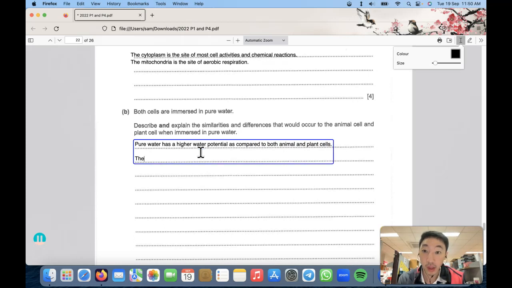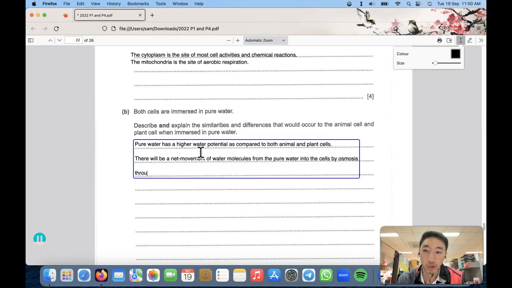So there will be a net movement of water molecules from the pure water into the cells by osmosis through a partially permeable membrane.